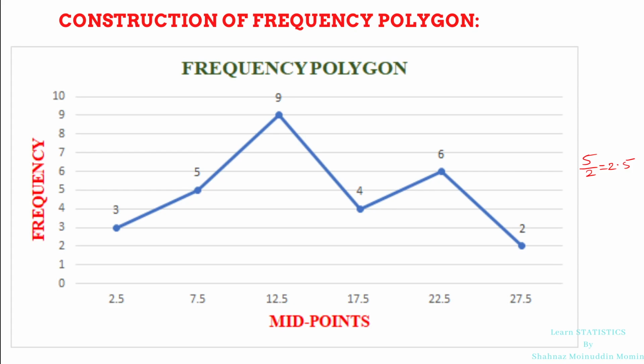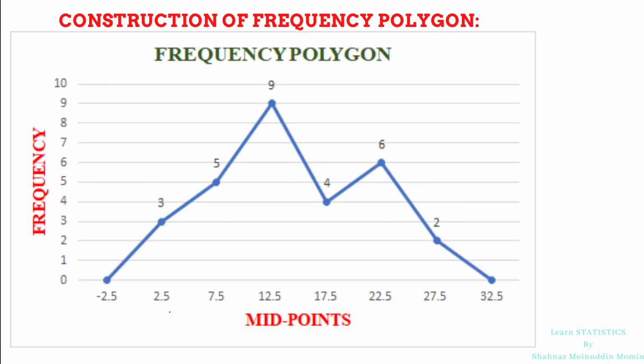So the half of the class interval towards the left is minus 2.5, and after the last class towards the right side is 32.5, as we discussed in the first example.